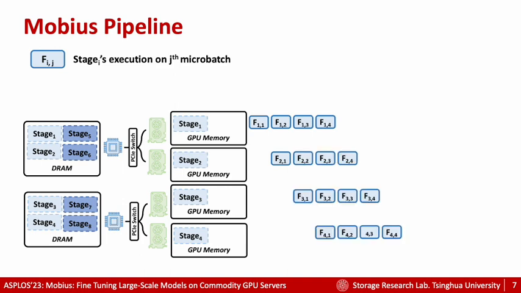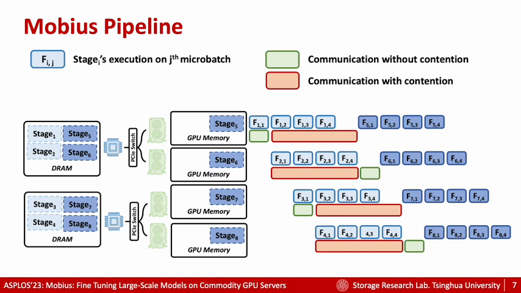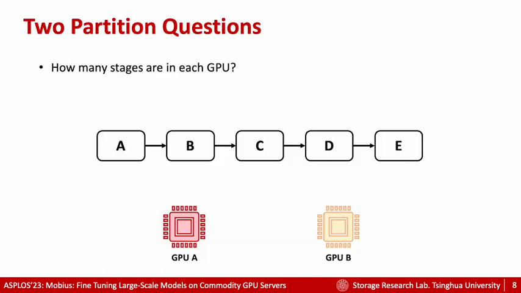During executing the stages on the GPU memory, each GPU prefetches the next stages that are going to be executed. However, due to CPU root complex sharing, there may be communication contention indicated by the red squares in the slide. After finishing executing some stages, the corresponding GPU memory is freed and the GPU continues to execute the next group of stages.